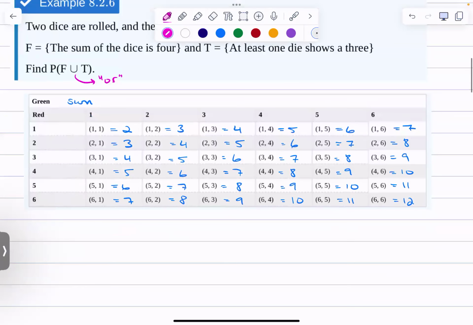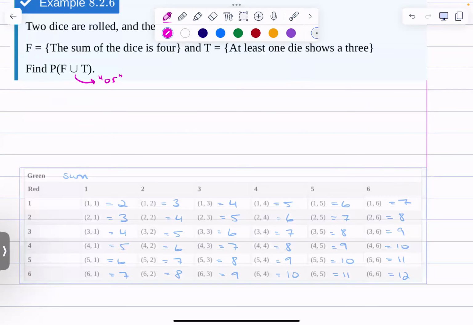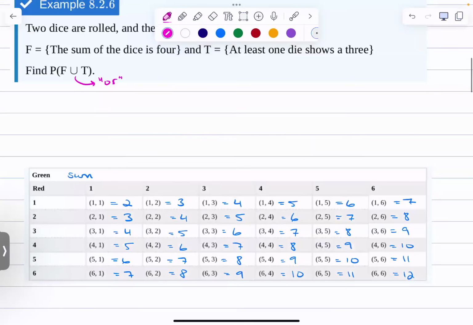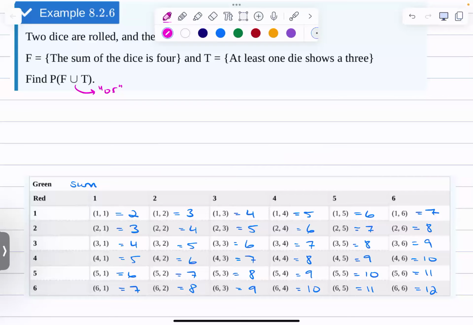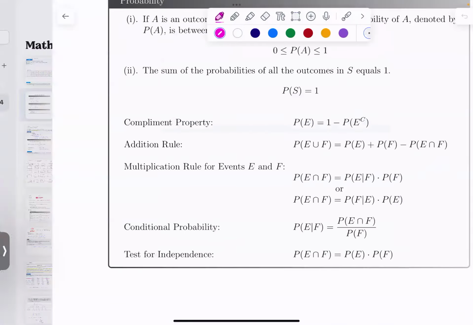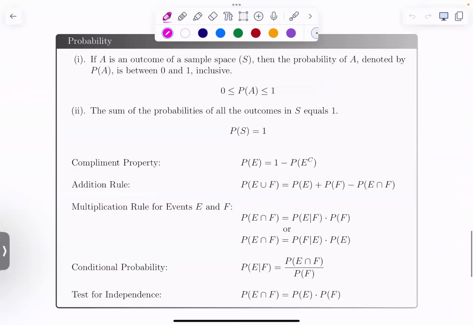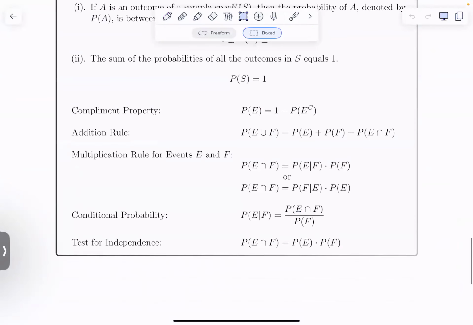Now it might be helpful to remember from last day, on your formula sheet, the addition rule that says this.